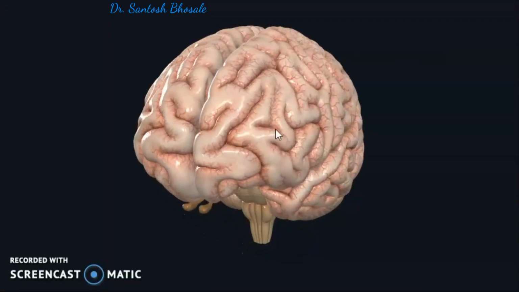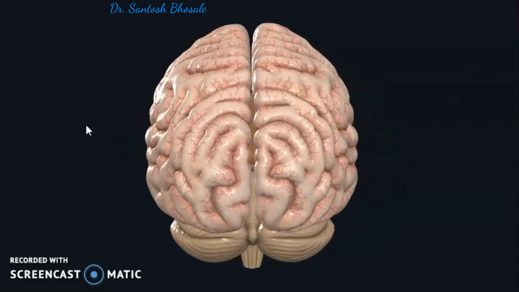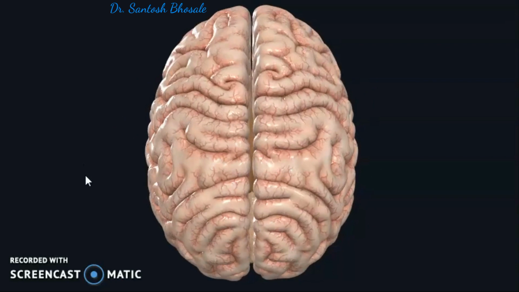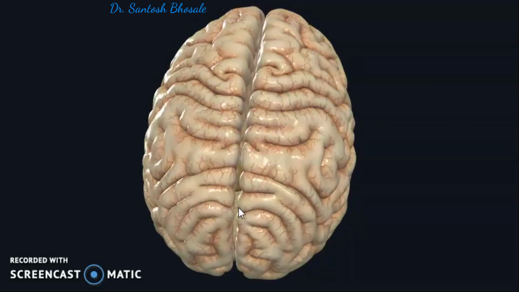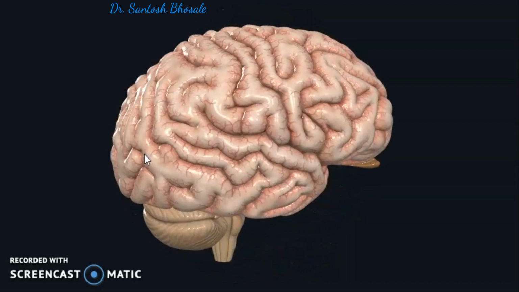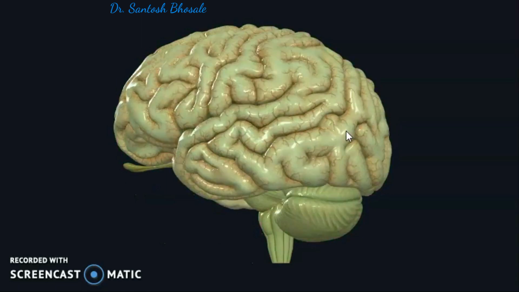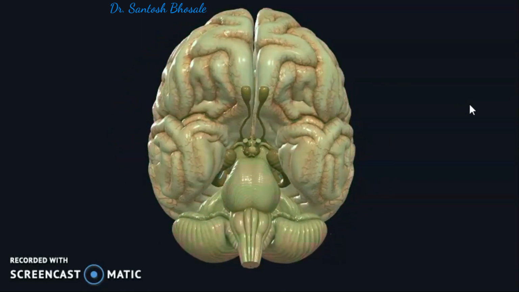In this view, you can see the entire brain containing the two cerebral hemispheres separated incompletely by the median longitudinal fissure, which is occupied by the falx cerebri in the living. Just below and behind the cerebrum, you can see the cerebellum and the brainstem.